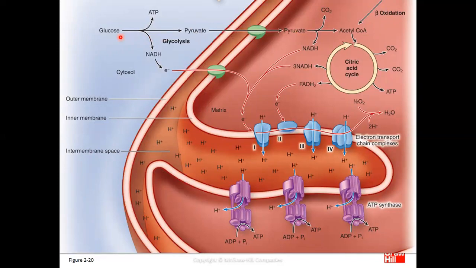The Golgi apparatus. Then it is transported to the mitochondria. Glucose is broken down to give us ATP. That process is known as glycolysis. Then the product is pyruvate. Pyruvate enters the mitochondria. So this ATP has gone into the cytoplasm.